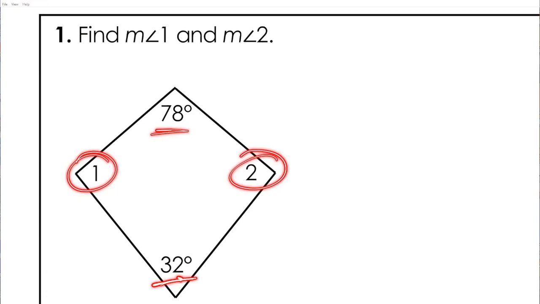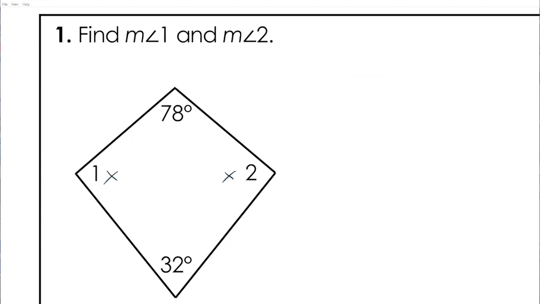There's only one pair of congruent angles in a kite, and that's generally our fat angles. In this case, 1 and 2 are where my two different congruent sides come together. So those are both unknown. Since they're both unknown and both congruent, I'm going to let the same variable represent 1 and 2.